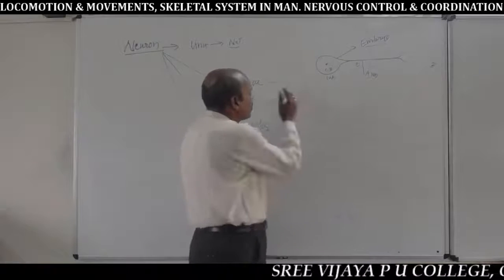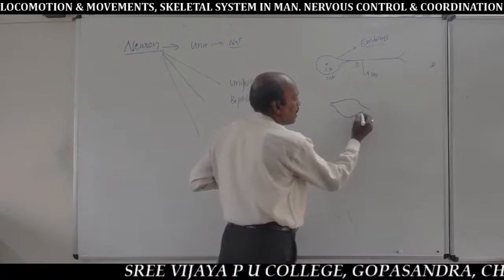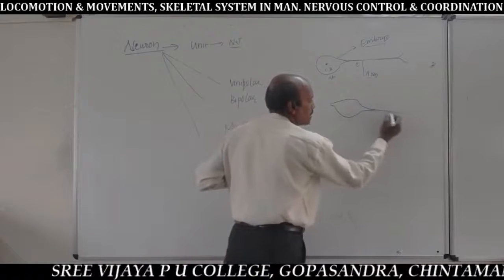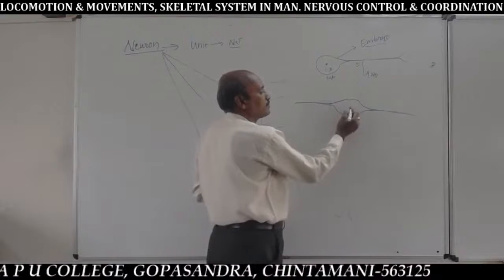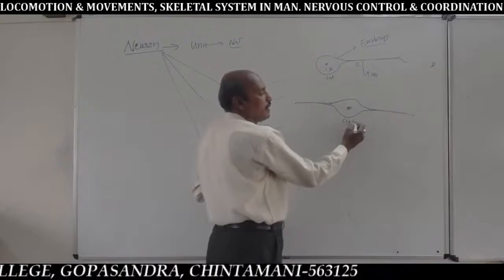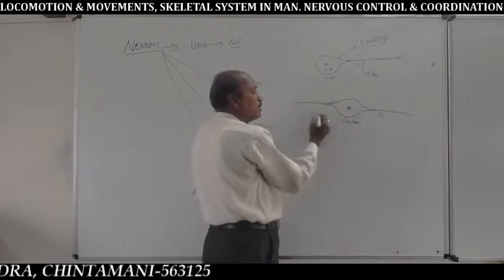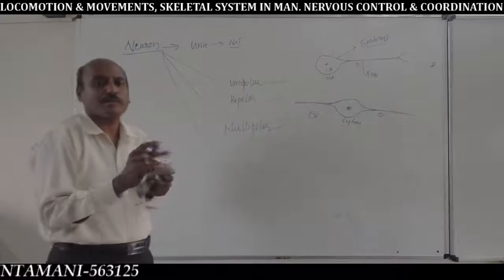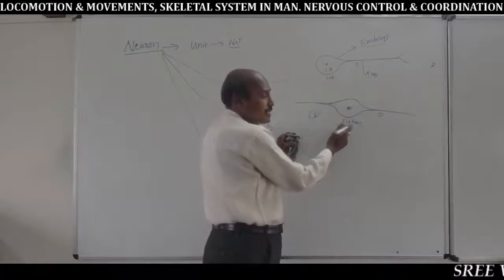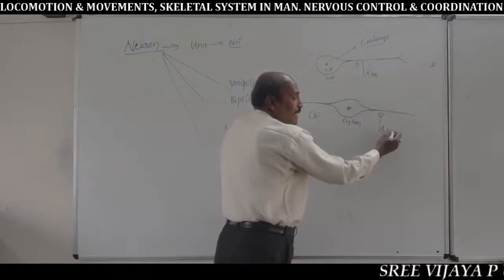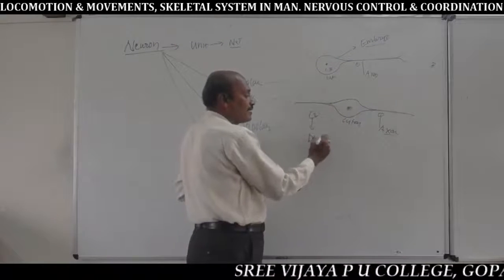Next to unipolar is the bipolar neuron. In a bipolar neuron, two projections arise from the cyton. This is the cyton, a cell body, and from the single cyton arise two projections. Among them, one functions as axon, another one functions as dendron.